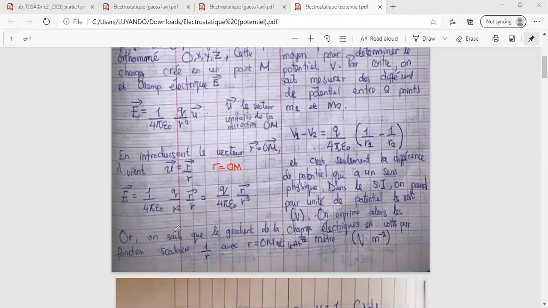We know that the gradient of the scalar function 1 over r, with r equal to OM. Okay, so now we're going to talk about the gradient of the scalar function 1 over r. So we move to how we come up with the gradient of the scalar 1 over r.